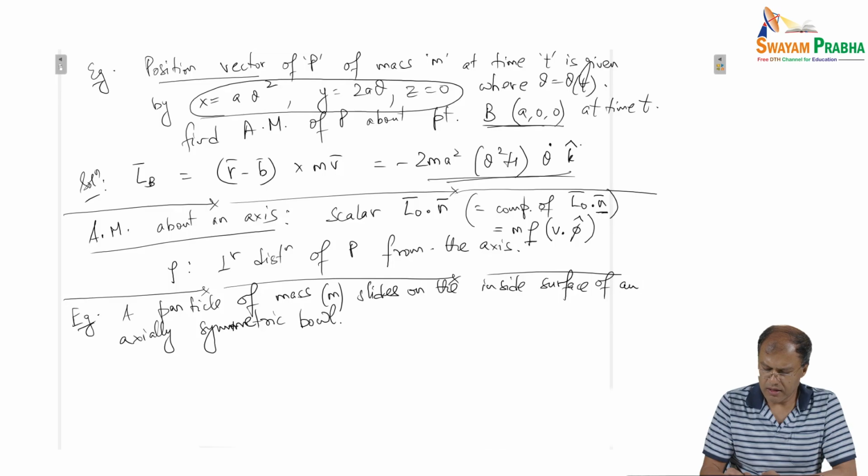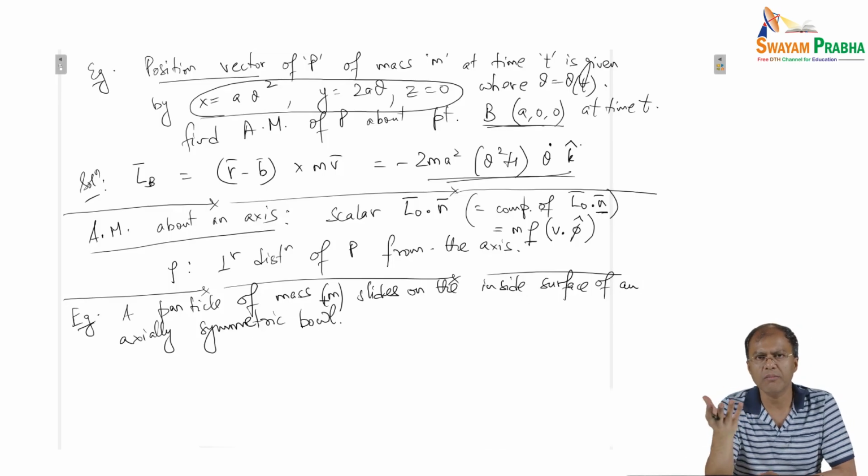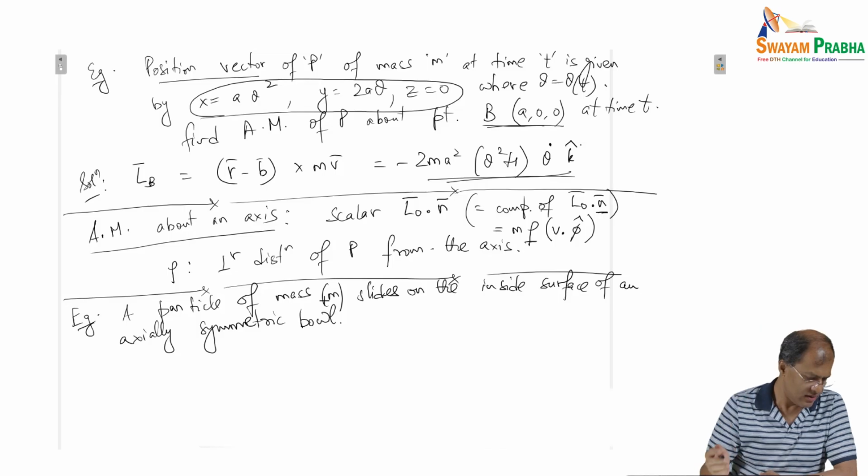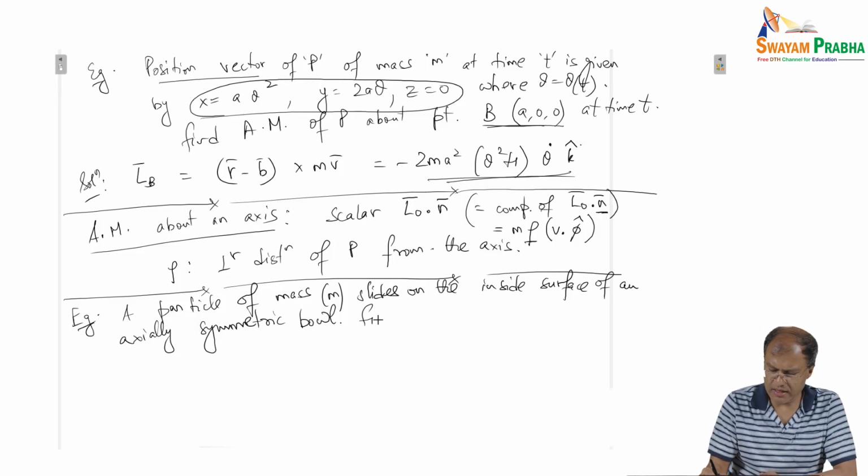That means we are given a hemisphere where the particle is sliding. We need to find the angular momentum and also the total energy of the particle about its axis of symmetry.